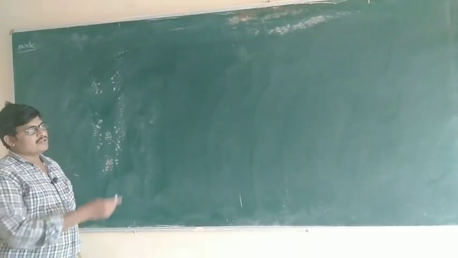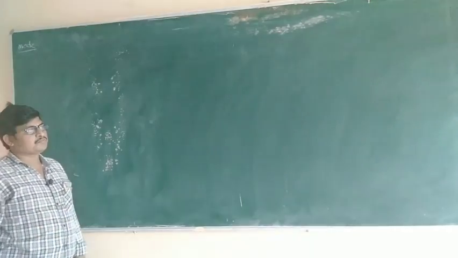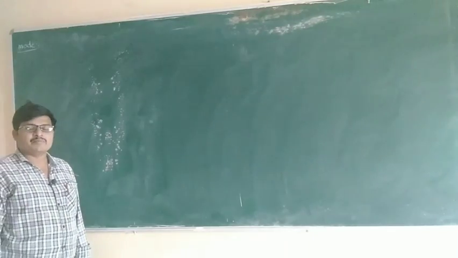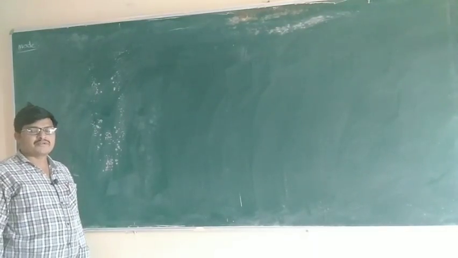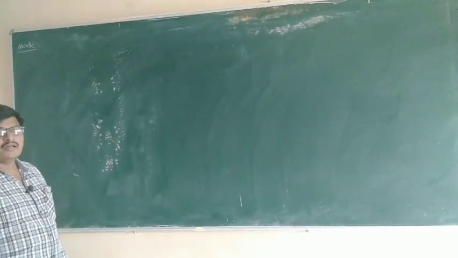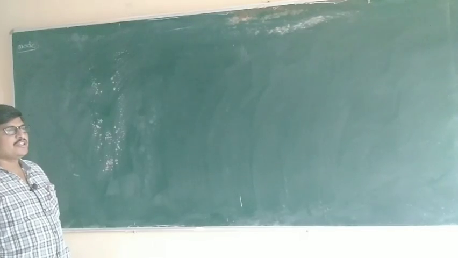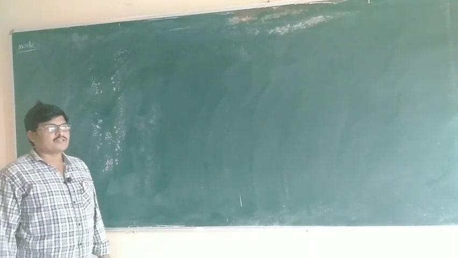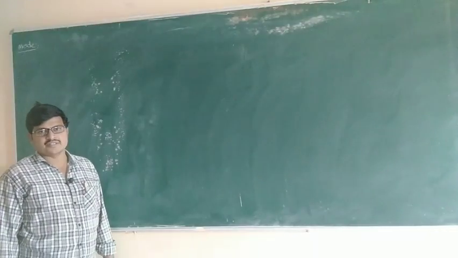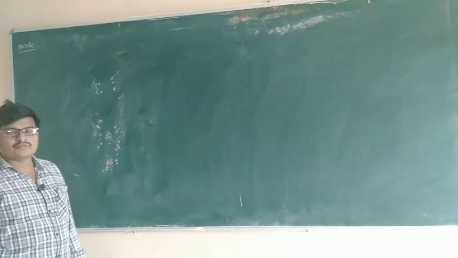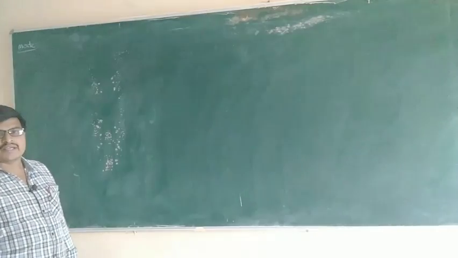Okay, we can go to the next method, step division method. What is the formula of step division method? Mean formula: a plus sigma fi into ui by sigma fi, into h. Here ui is equal to what? Di by h.